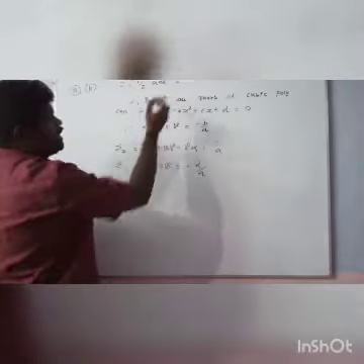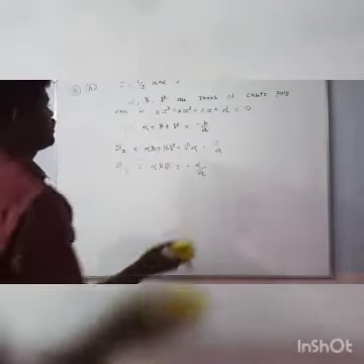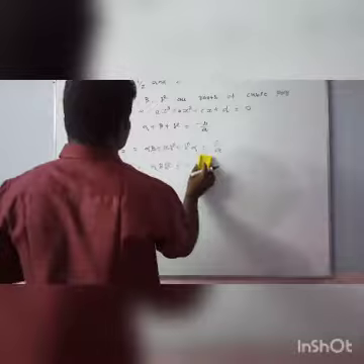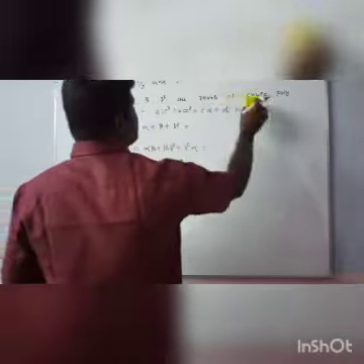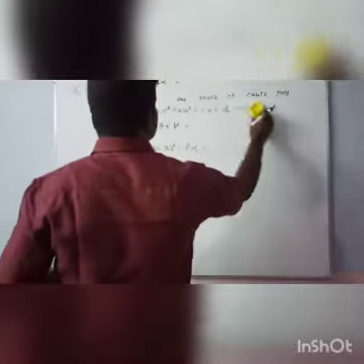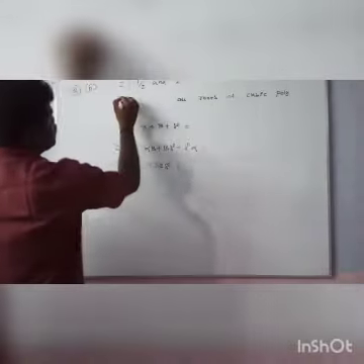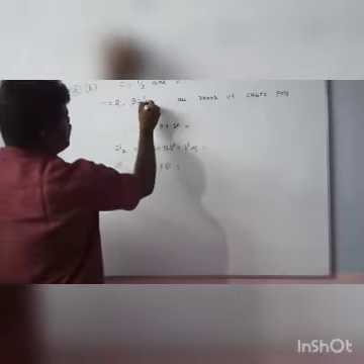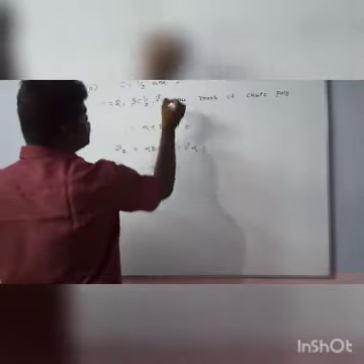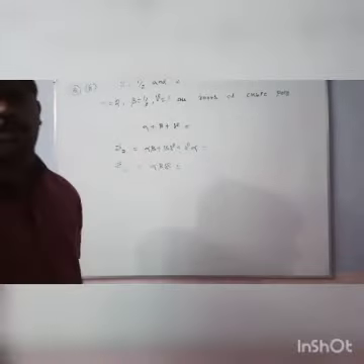This is alpha, beta, gamma. Alpha, beta, gamma are the roots of the equation. Here alpha equal to 2, beta equal to 1 by 2, gamma equal to 1 are the roots of the cubic polynomial.